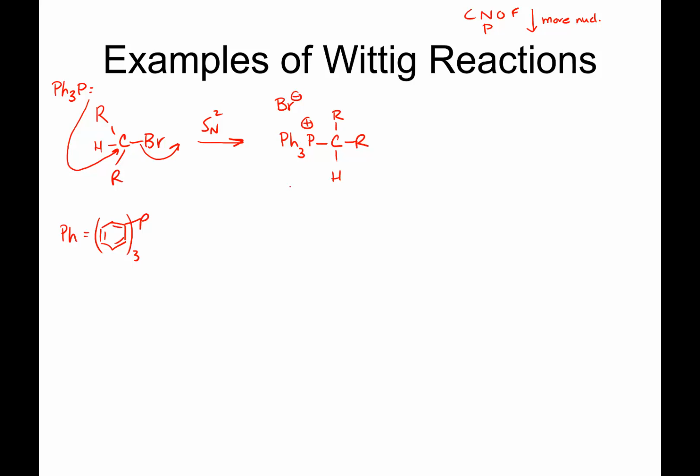Then what happens is, this is not the ylide. The ylide is formed if you take an organolithium compound as a strong base. So we take a strong base like an organolithium compound, and that R minus comes in and deprotonates the hydrogen. So now I end up with the phosphorus with its plus charge attached to the carbon with its minus charge. And now we have the 2 R's, and the organolithium compound was deprotonated.